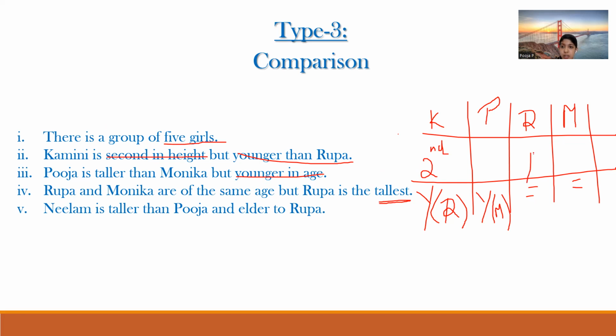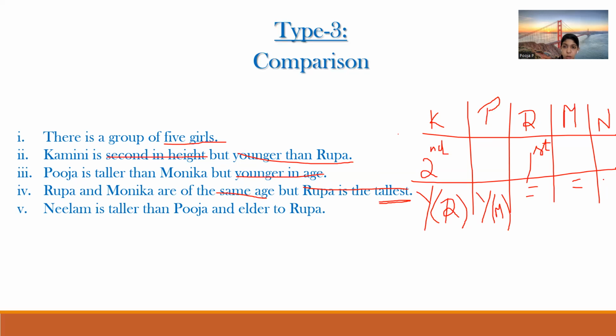So Rupa stands first when it comes to height. Kamini stands next. Rupa and Monica, same age is done. Rupa is tallest is also done. Neelam is taller than Pooja and elder to Rupa. So Neelam, she is taller than Pooja. And she is elder to Rupa.